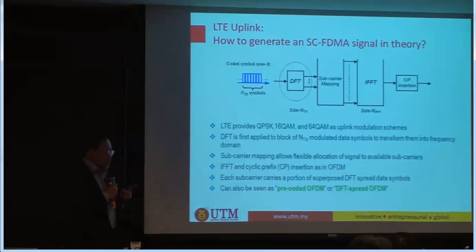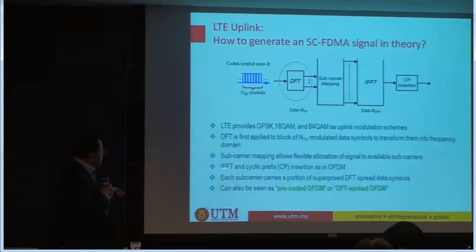But in single carrier FDMA, the symbols are spread out over a number of subcarriers. That's why they call it single carrier, right? With this, they can overcome the effect of the PAPR. So subcarrier mapping is a flexible allocation to the available subcarriers.